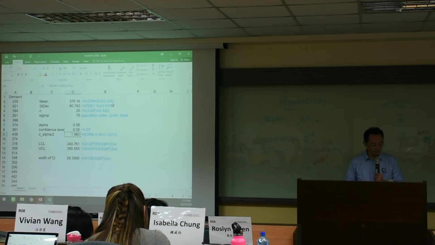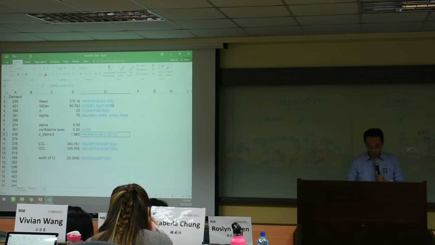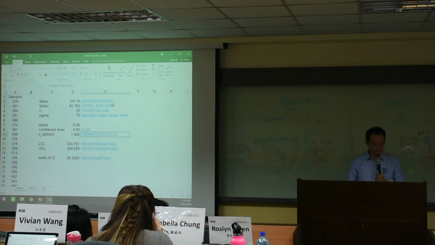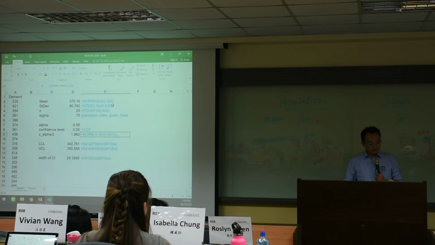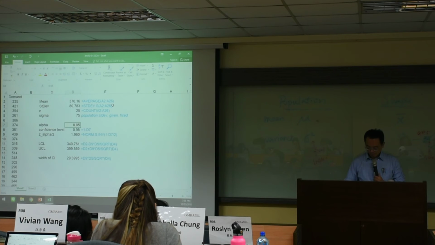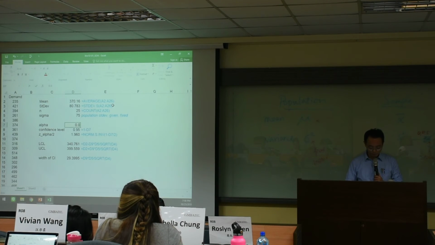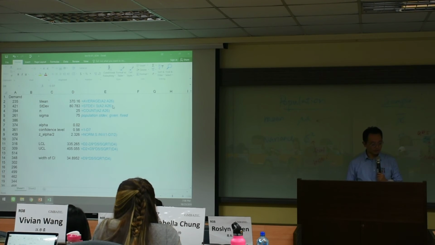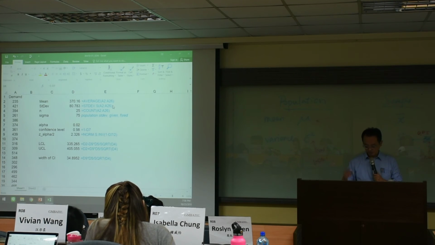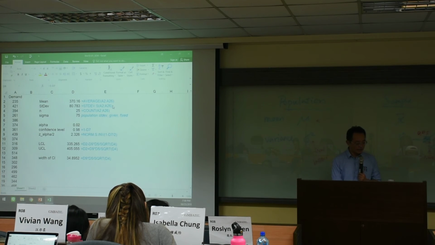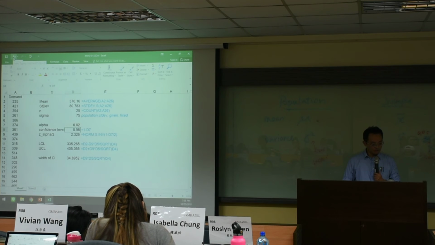We can get this value from the function NORM.S.INV. If we change alpha, say to 0.02, you will see that the value changes as well. This function is dynamically linked, and we can calculate the LCL and UCL and the width of the confidence interval.